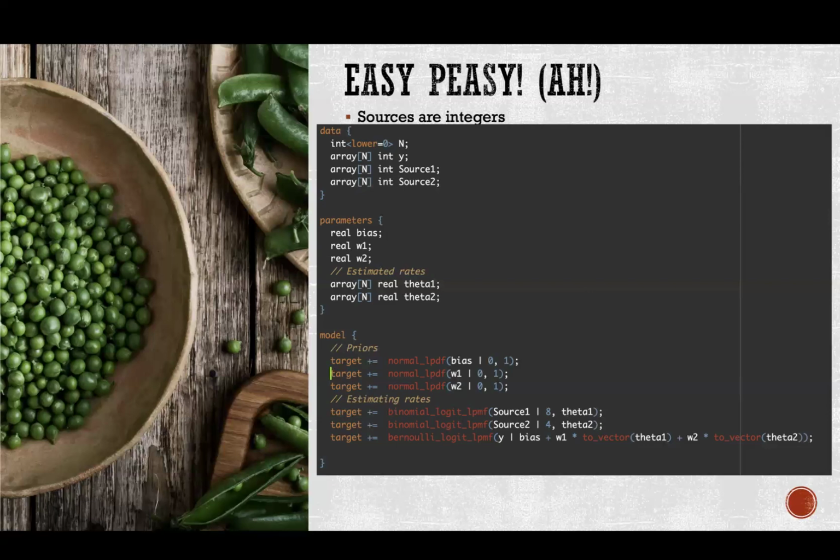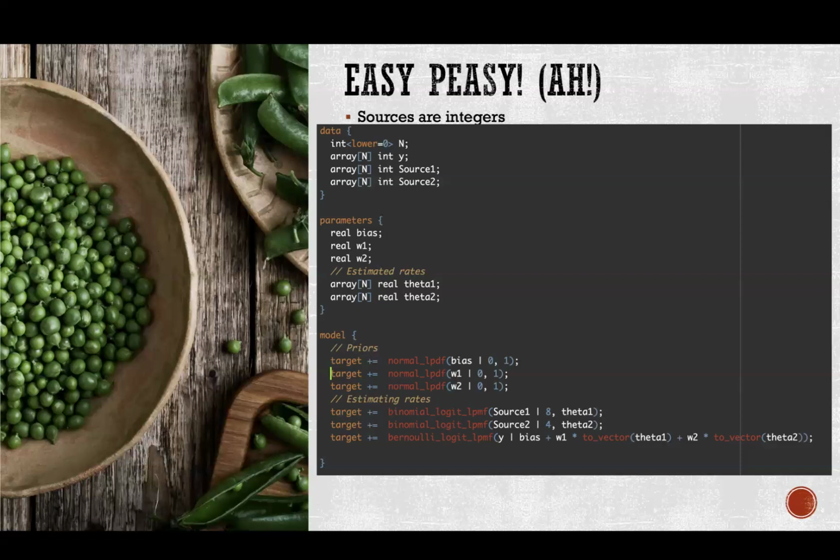Right? So we're creating a place where we can save those distributions that we can infer underlying 2 red marbles out of 8 marbles, right? And then we have a model in which we put a prior on our bias, on our first weight, and on our second weight. Nothing new.